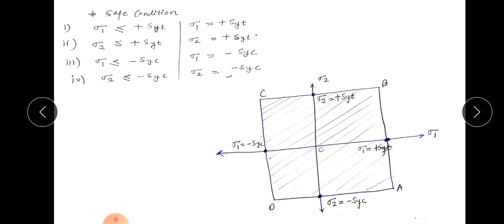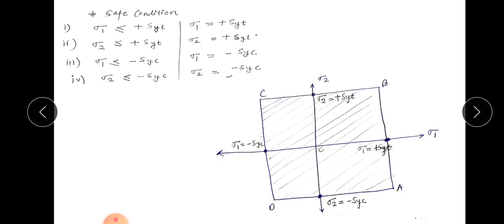If sigma 1 is less than plus SYT, the condition is safe. If the value of sigma 2 is less than plus SYT, it is safe. If the value of sigma 1 is less than minus SYC, then the material is safe. If the value of sigma 2 is less than minus SYC, the material is safe.